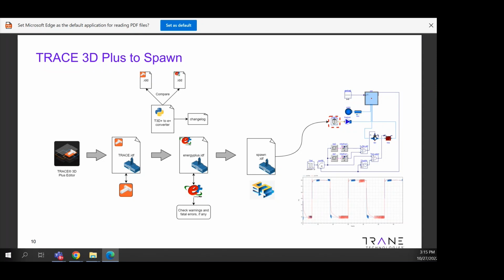Oftentimes, what we see is that in the Trace IDF, you have a few extra inputs. In that case, we remove those inputs to make it compatible with Energy Plus.